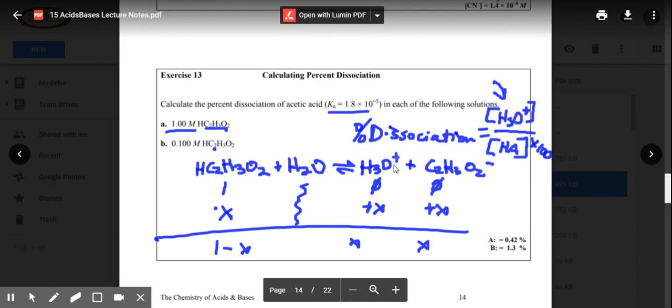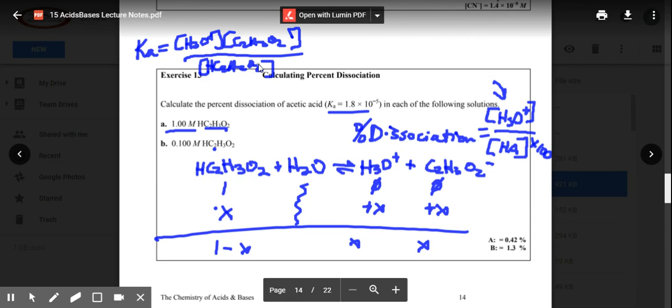So now we write our expression. So Ka is equal to H3O+ times C2H3O2 minus over HC2H3O2. And now we get to plug in our values.